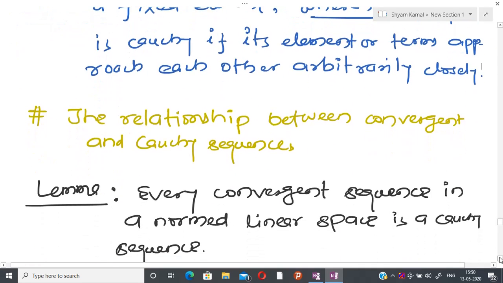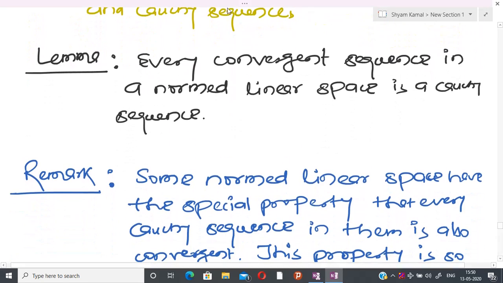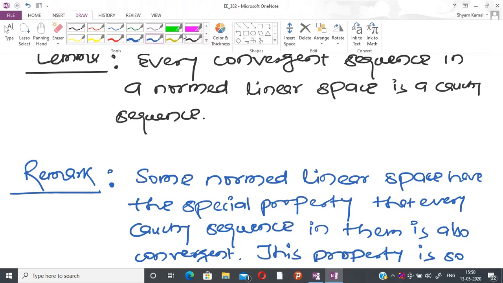In this way we are able to distinguish between Cauchy sequence and convergent sequence. Now let us see the relationship, and again the relationship remains the same: every convergent sequence in a normed linear space is a Cauchy sequence.